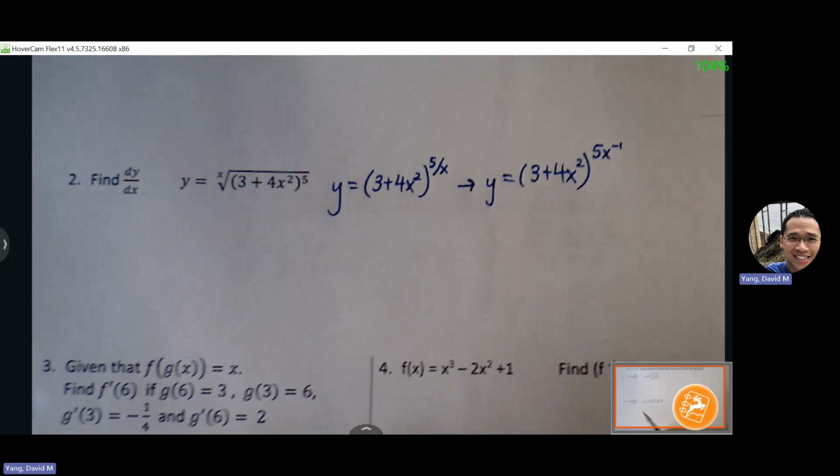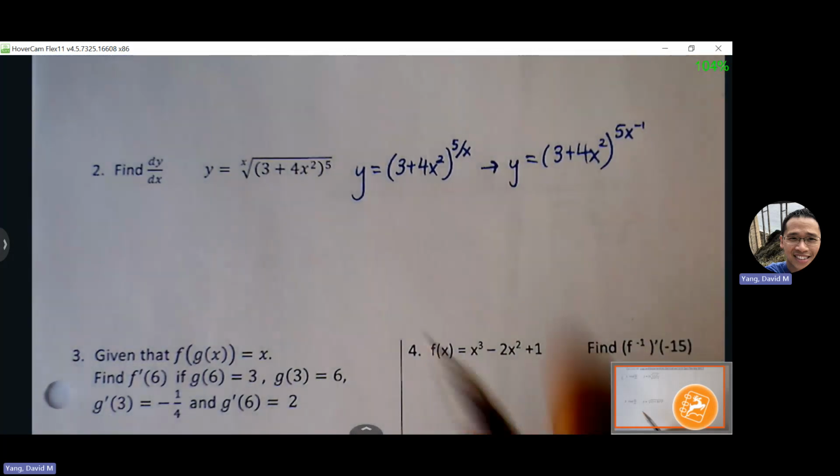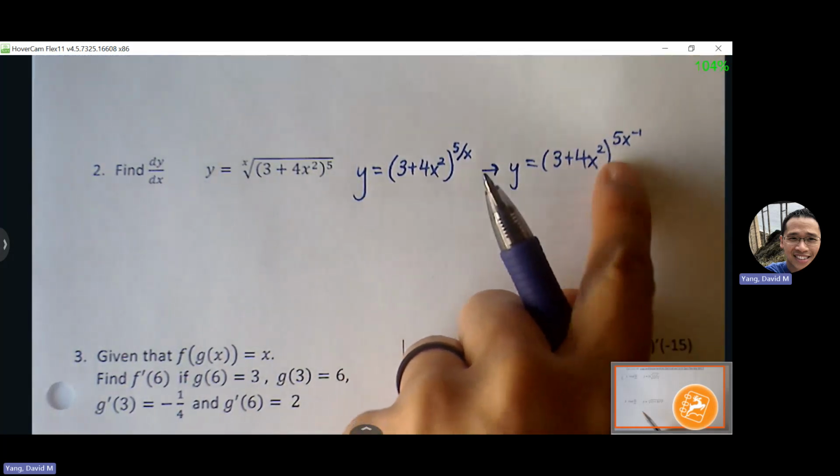But now, okay, next step, natural log of both sides, because we can't handle a variable raised to a variable in this current form.